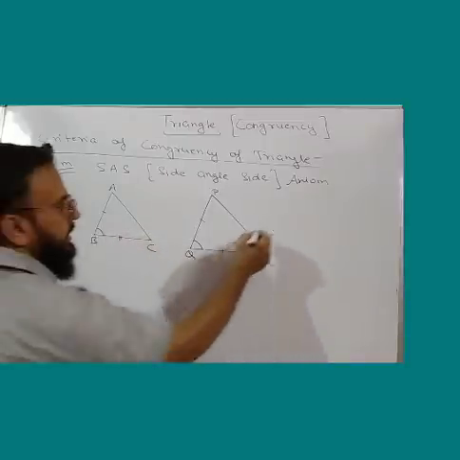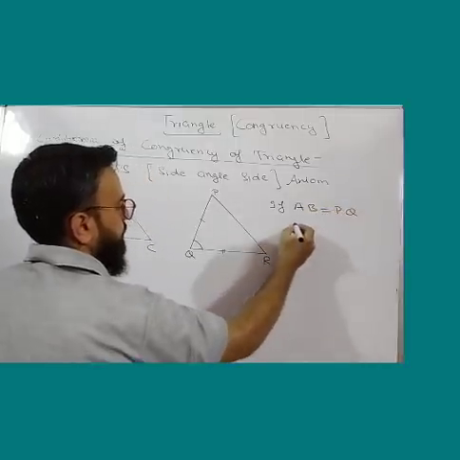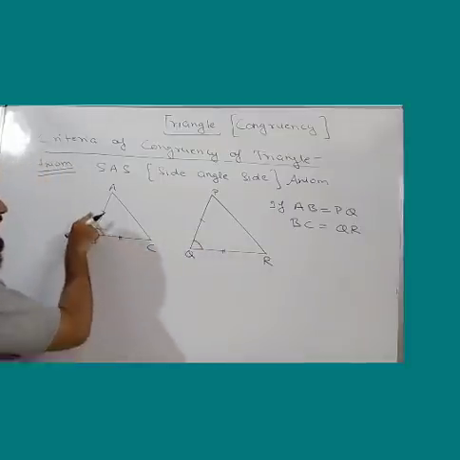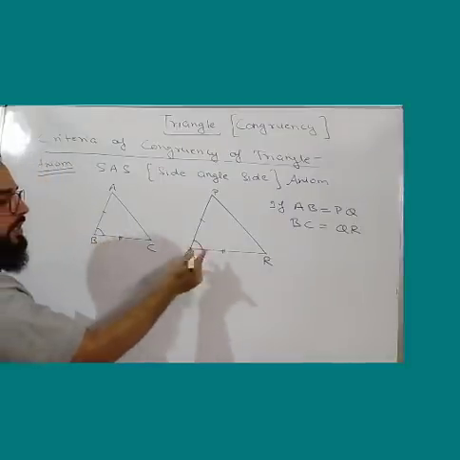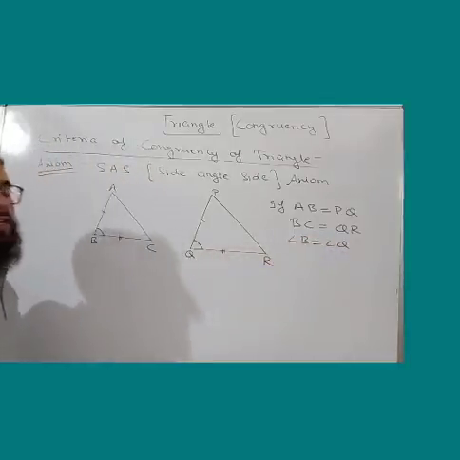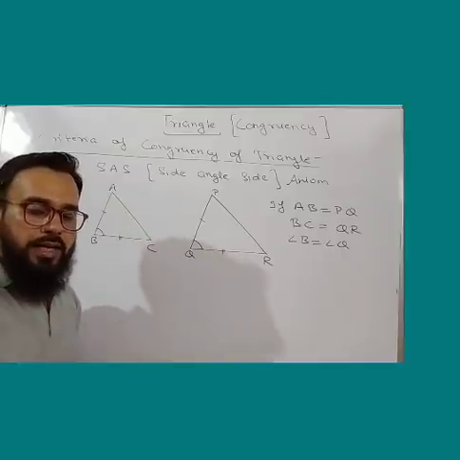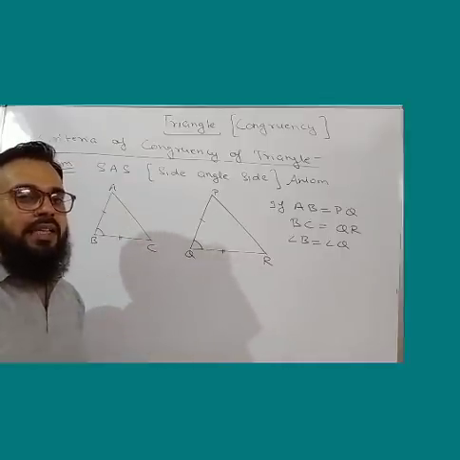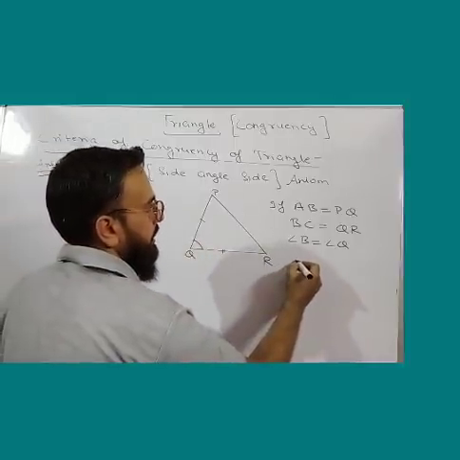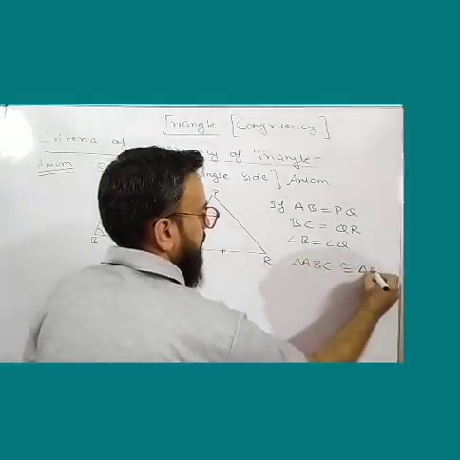Meaning, if AB is equal to PQ, BC is equal to QR, and the included angle between both the sides, that is angle B and this is angle Q, and angle B is equal to angle Q. If this condition holds, any two sides of both the triangles and the included angle between them, then we will say that triangle ABC is congruent to triangle PQR.